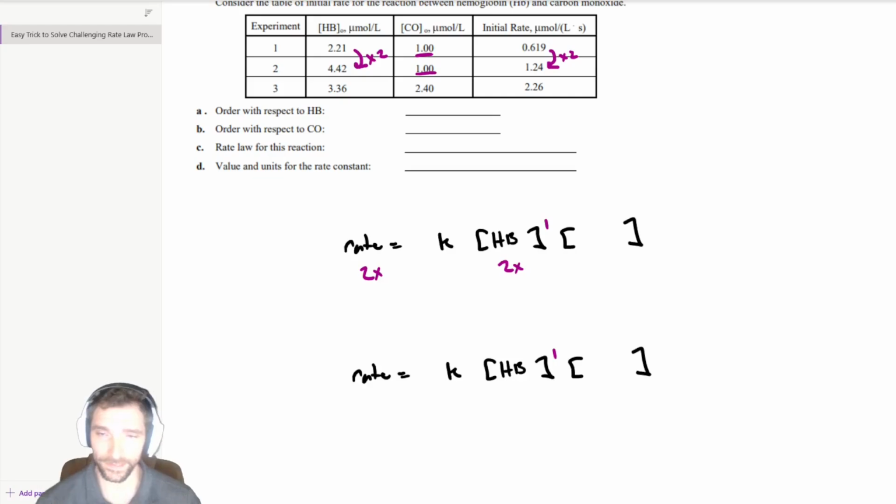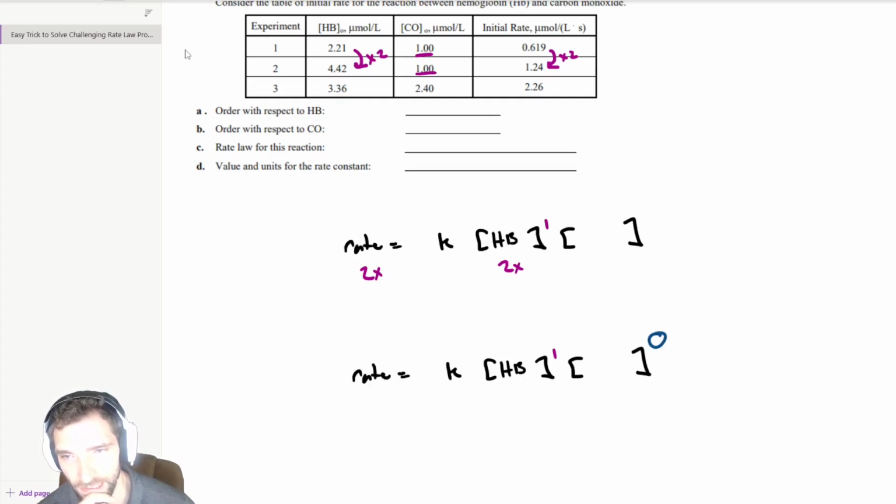Now, if we're talking about the second part, what you can do is a little bit of guess and check. You can say, is this maybe up to the 0 power? Would that possibly explain what we're seeing here? It doesn't, because if we're looking at this problem, comparing trial 2 to 3, you can see how things are impacted.